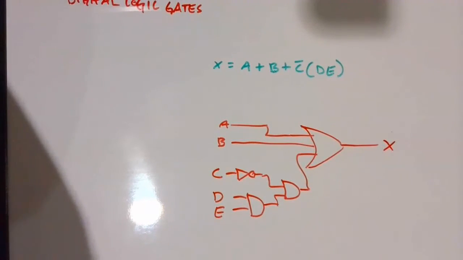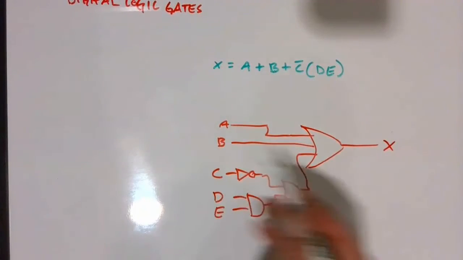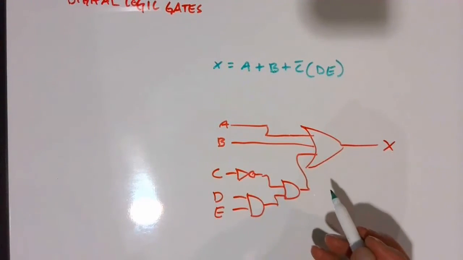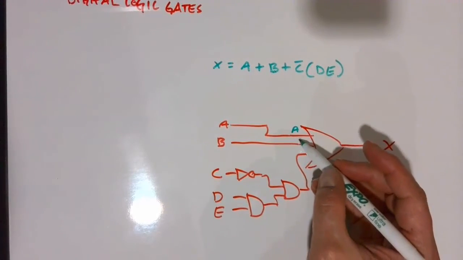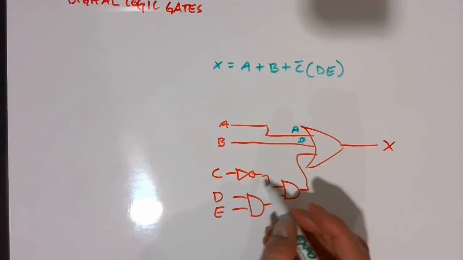Now, how you can double check this to make sure it's correct is doing the same process backwards, like we did in the beginning. I'm going to put an A here, B here, and I'm going to work this way.